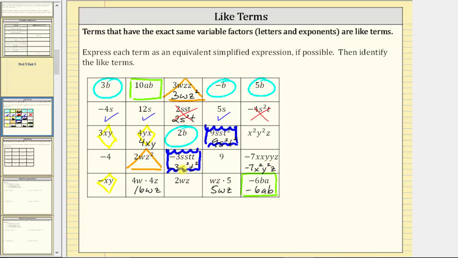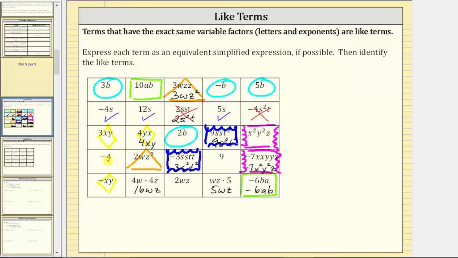And we are now done with the s squared t squared terms. Now let's look for the like terms with x squared y squared z. So we're looking for the terms that have 2 factors of x, 2 factors of y, and a factor of z. So negative 7x squared y squared z is a like term with x squared y squared z. And we are done with those like terms.